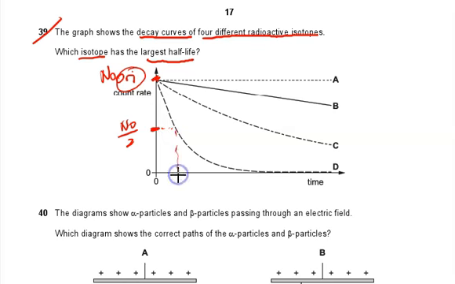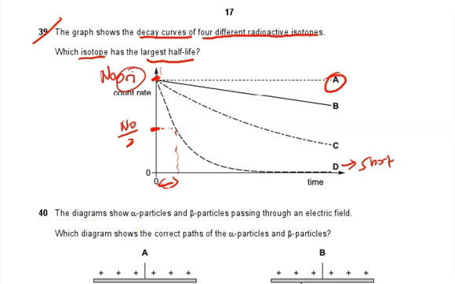So it's very short. This is a very short half-life. They're asking for the largest half-life, so it should be A, because it takes a long time for it to reach half.